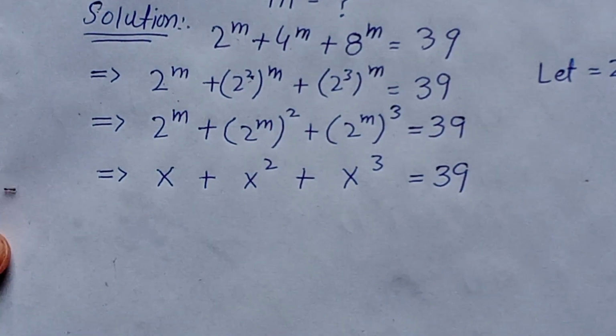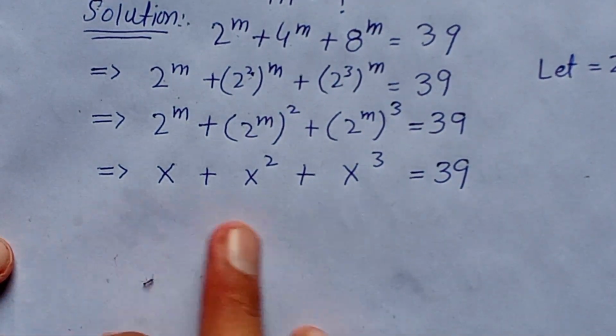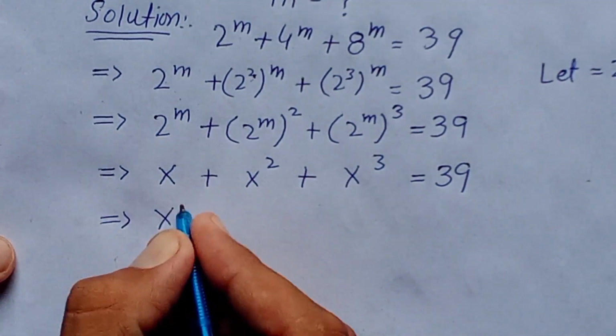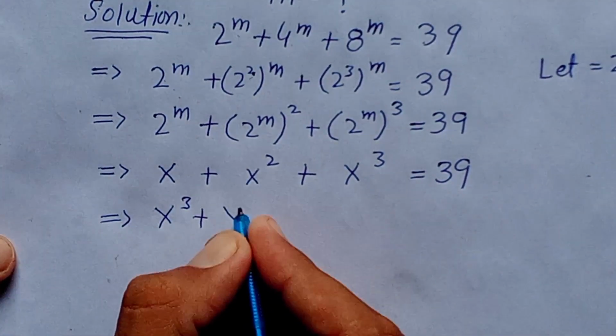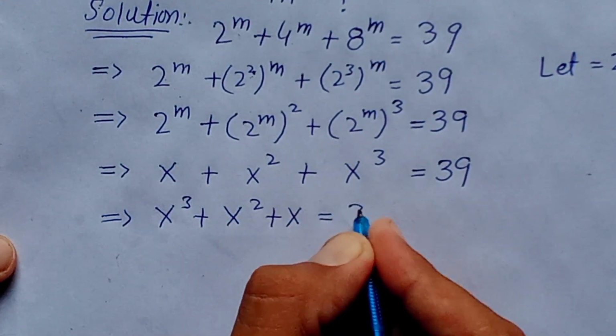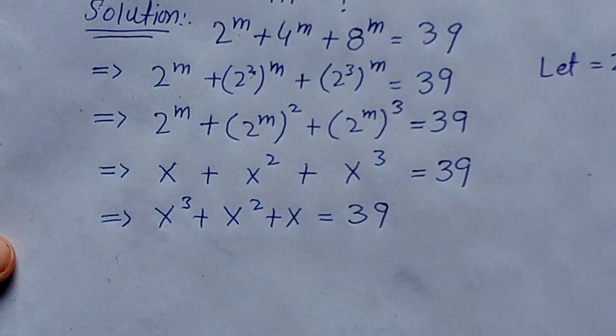Now I can arrange this as x cube plus x square plus x is equal to 39.